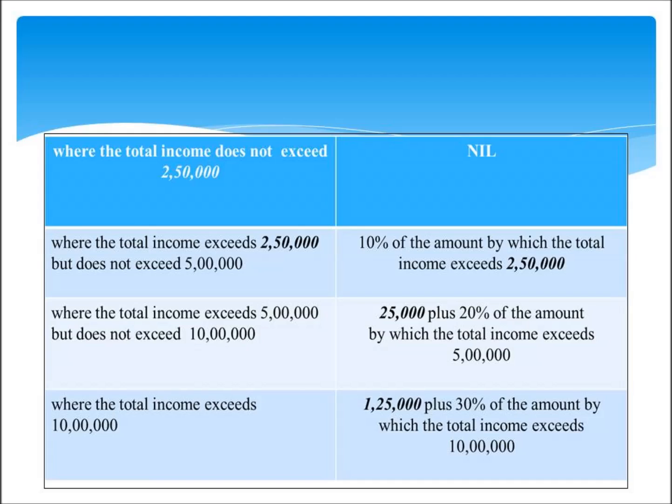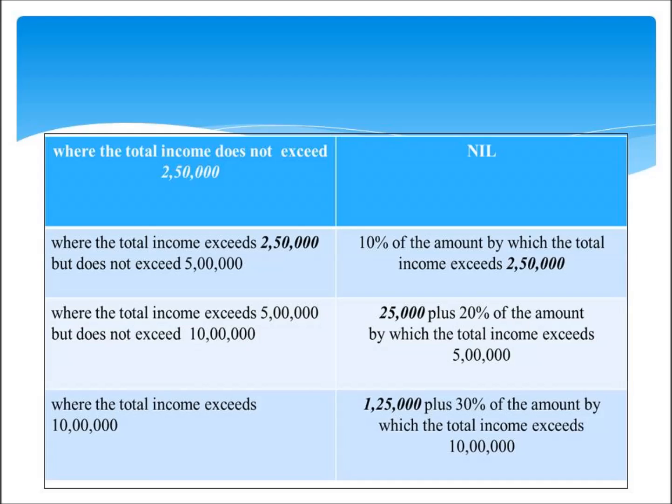Now comes when the total income exceeds 5 lakh and does not exceed 10 lakh. So when my income is ranging between 5 lakh to 10 lakhs, I have to pay income tax at the rate of 25,000 plus 20% of the amount by which the total income exceeds 5 lakh rupees.